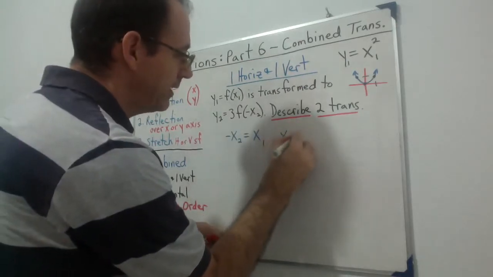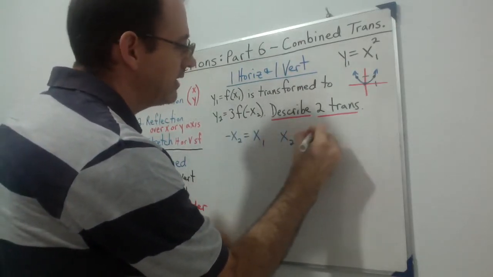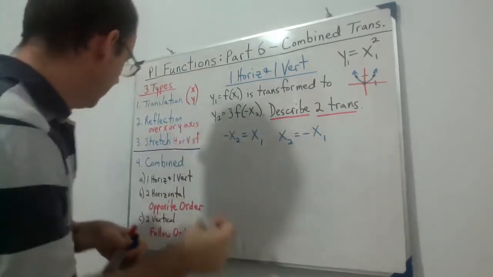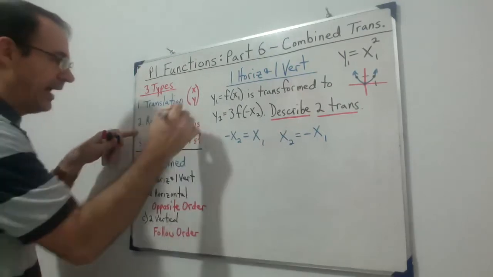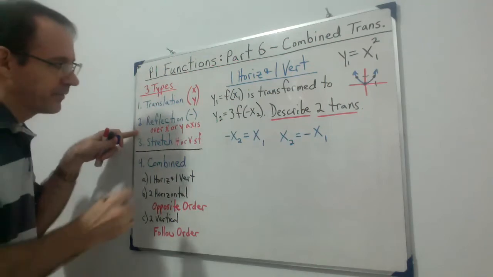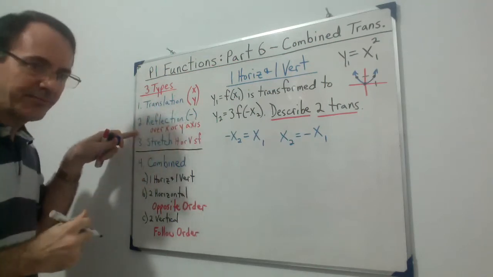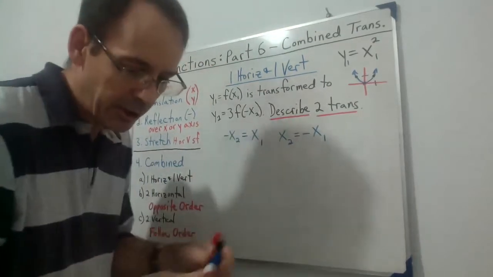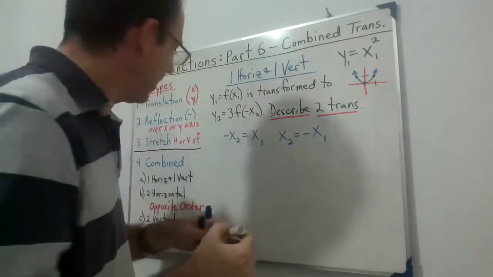So our new one is a negative of the old one. Well, what does a negative mean? Well, the negative had to do with our reflection, the negative on the variable. And since it's on the x, we're going to call this a horizontal.